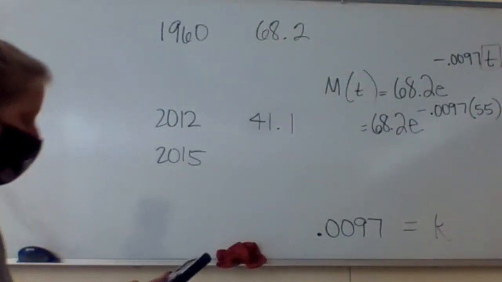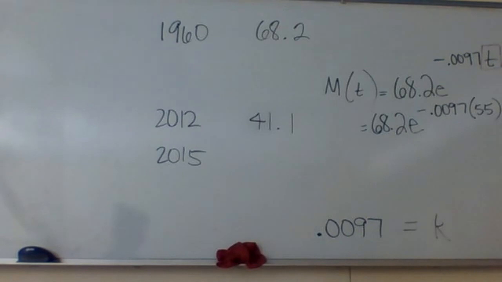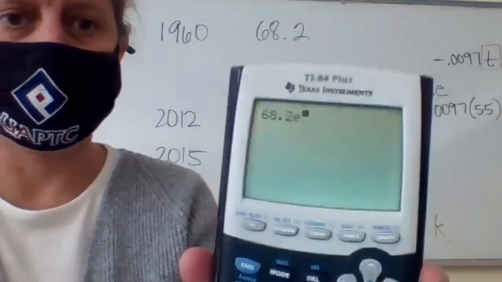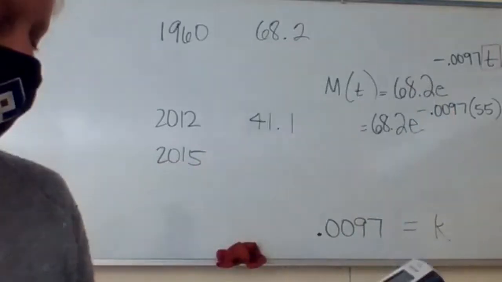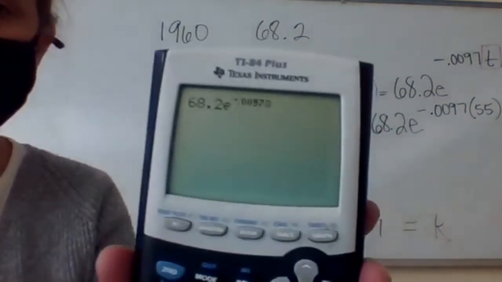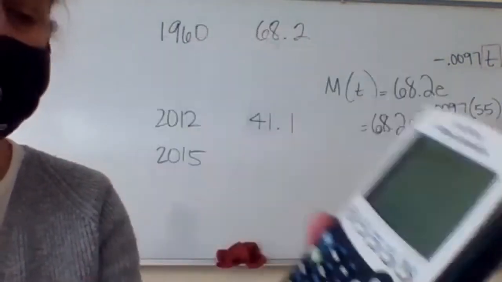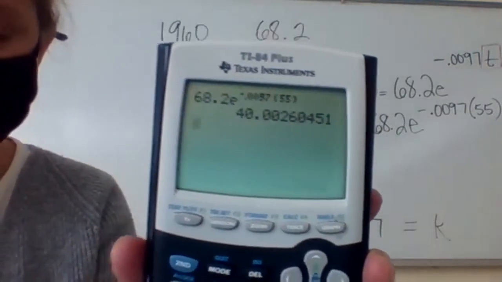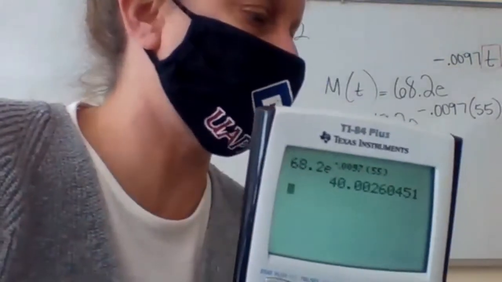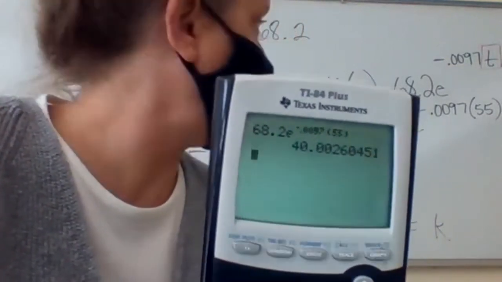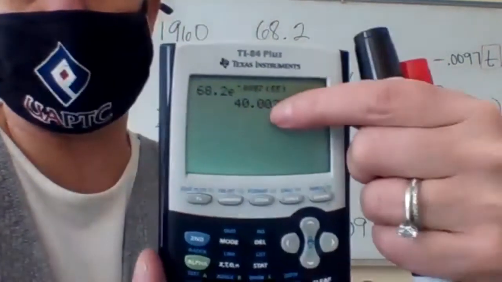calculator. So let's see. I've got 68.2 E. So second ln. Up in my exponent, I have negative 0.0097. And then just like it's written, open parenthesis 55, close it. Enter. So let's see, what percentage is going to be married in 2015, rounded to 1 decimal place?